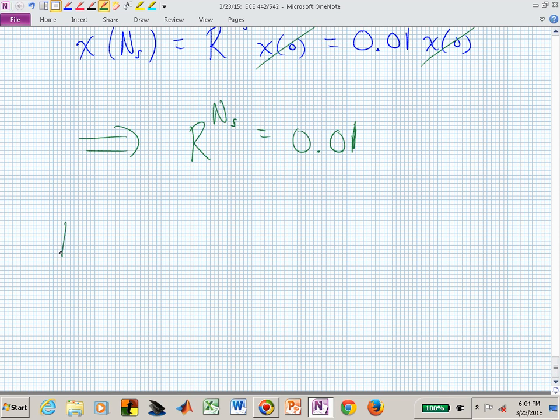Or if we let T settle be N sub S T, so if somebody gives you the settling time in absolute terms, you can figure out what your capital N sub S is. You now are given capital N sub S.